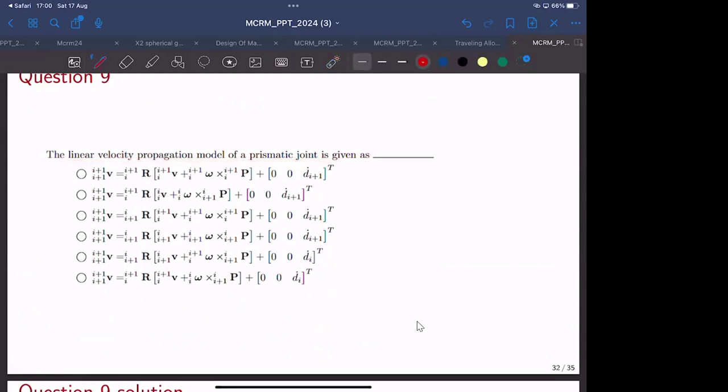We know that the velocity of the I+1th joint is nothing but the velocity of the ith joint, plus we also have the tangential component, omega I cross r, that is that term.